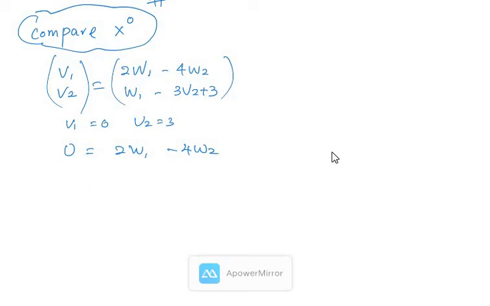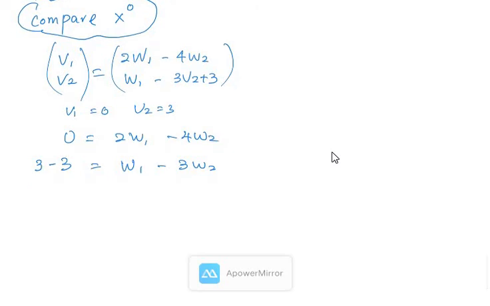And then v2 is 3 equal to w1 minus 3w2 and then plus 3. I bring to the left hand side is minus 3. So 3 minus 3. So from here w1 equal to 3w2. So I assume this is equation number 5 and this is equation number 6.